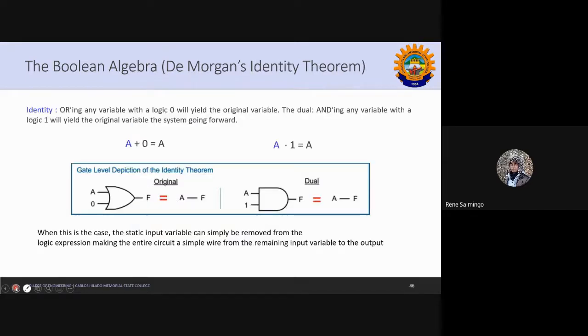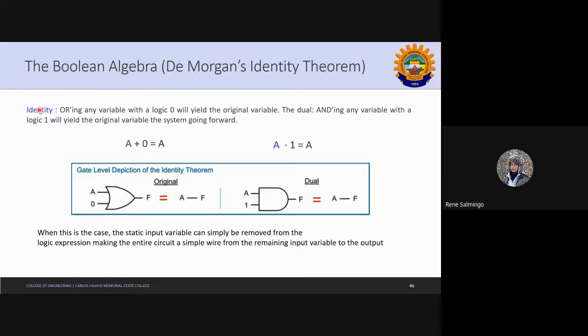Now we're going to have some of the theorems that are under De Morgan. Now we have the identity theorem. When we say identity, if you have A or 0, your output is A. And when you have A and 1, you will have A. So that's identity.